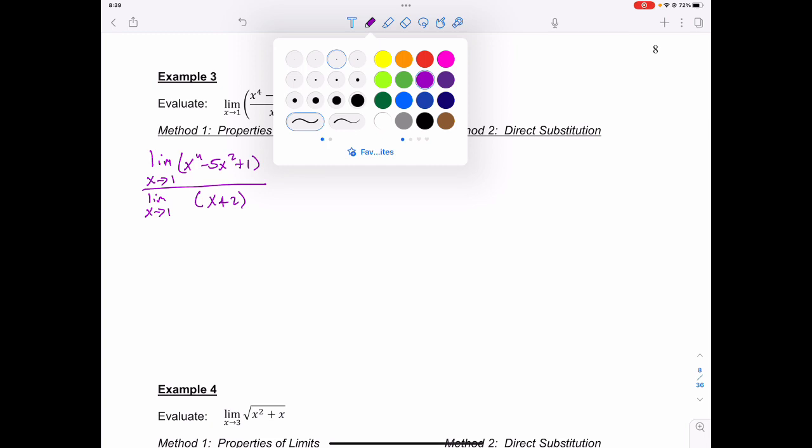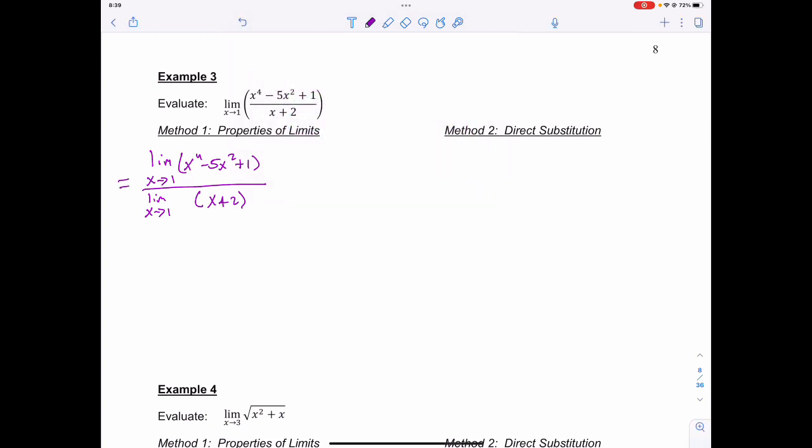So I'm going to split this up and say that this is equivalent to the limit as x approaches 1 of the first term, x to the 4, minus the limit as x approaches 1 of the second term, 5x squared, plus the limit as x approaches 1 of the constant 1.